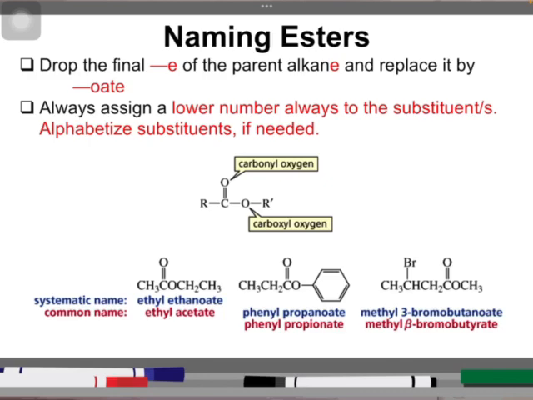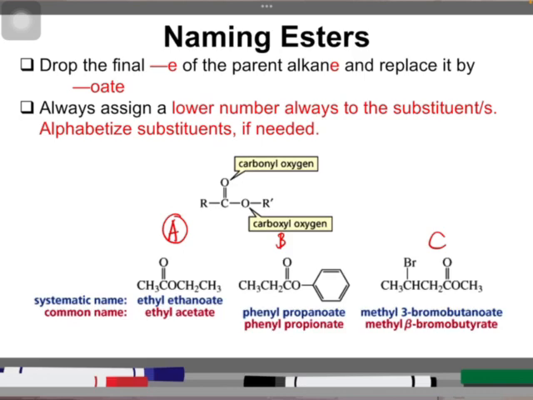Let's assign the structures A, B, C. Itong structure A, the systematic name niya is ethyl ethanoate. So, hanapin muna natin yung part na ethanoate.